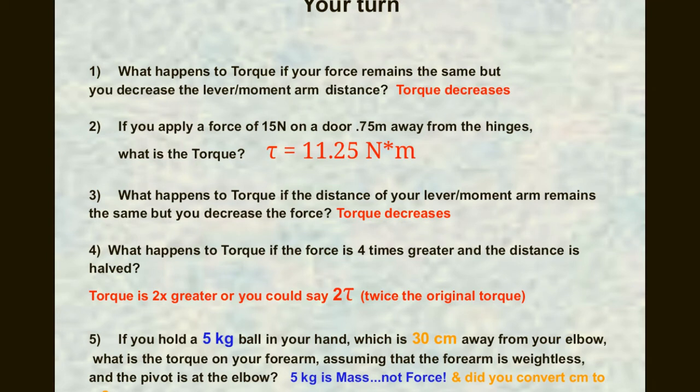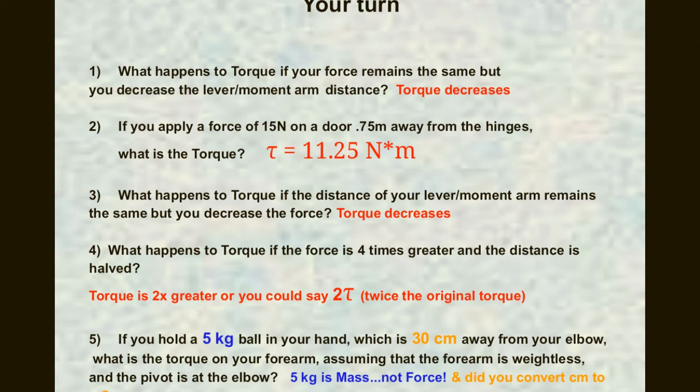And number 4, this one is again a hypothetical question, but it's for you to use the exact numbers of what they change to. So what happens to torque if the force is 4 times greater and the distance is half? If we go to our original versus new method, like we should have been with number 1 and 3, the original, we're going to say that it's always 1.